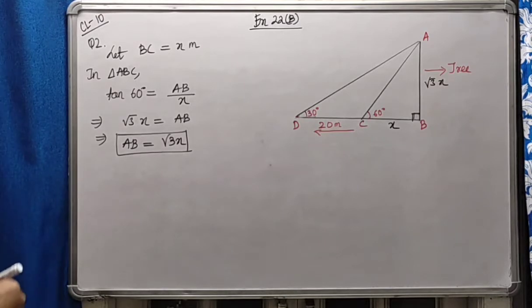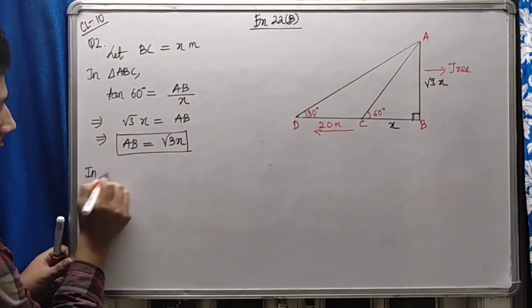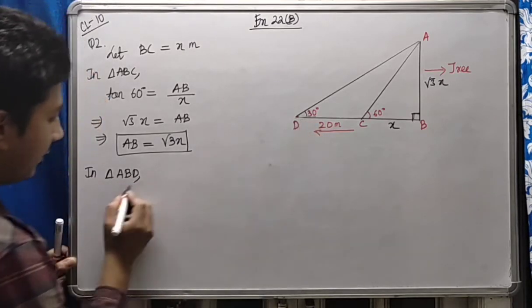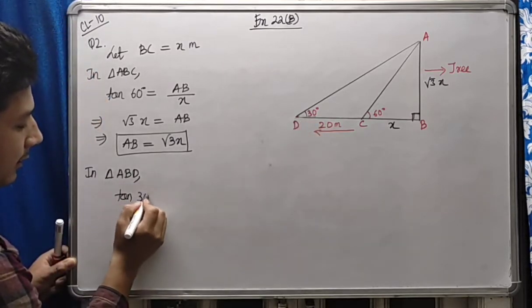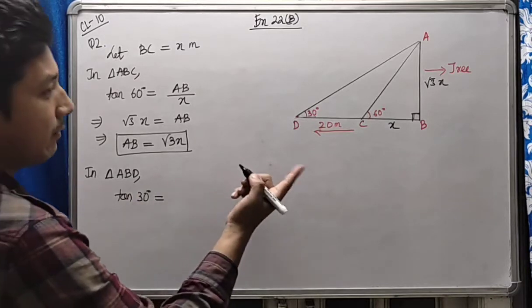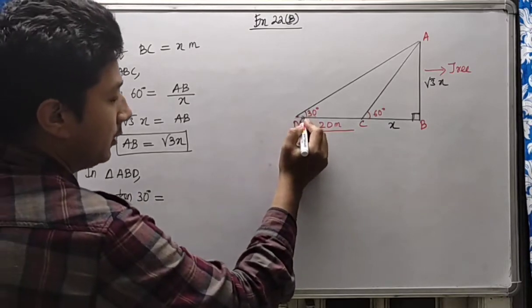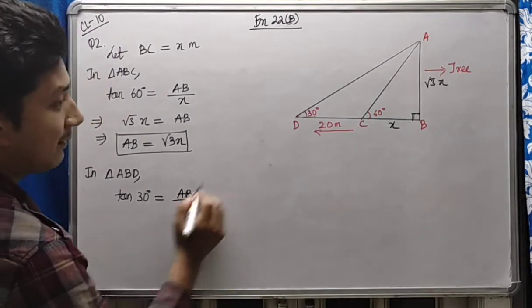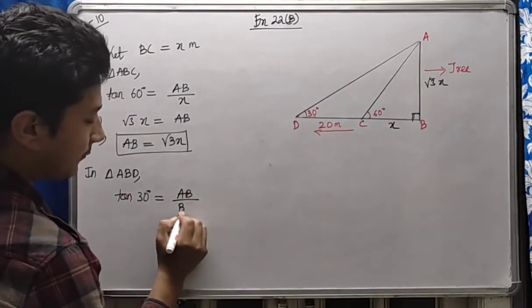Okay. Now in the second right angle triangle, ABD, I'll use tan 30. Tan 30 degree is equal to perpendicular by base. Perpendicular means AB and base means BD.